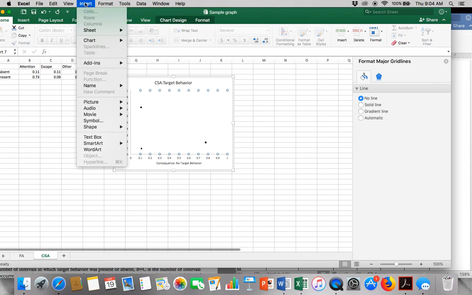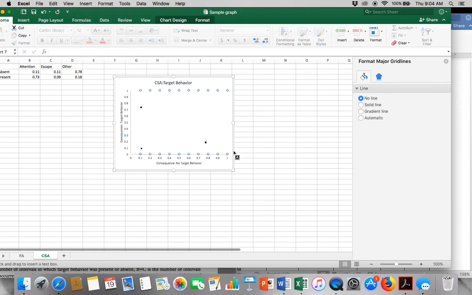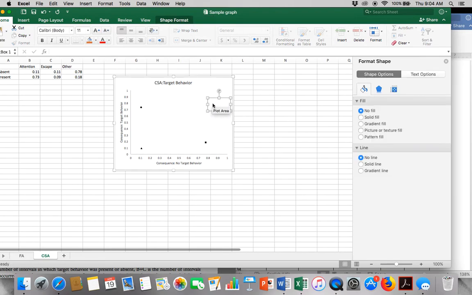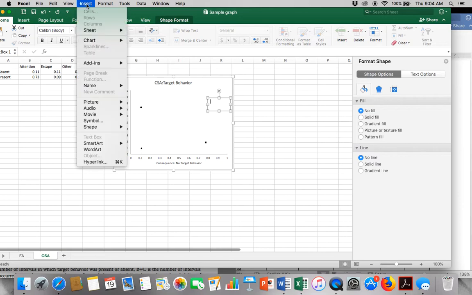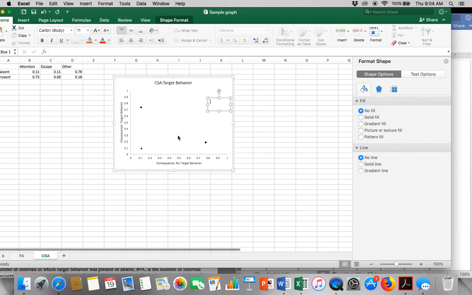Okay, so now we'll make our key so we know what all of these are. So we're going to do insert, text box. Insert, let's see, we'll do insert symbol.